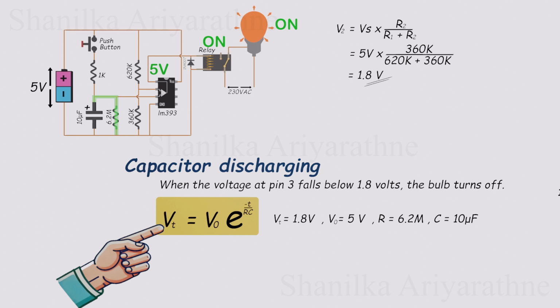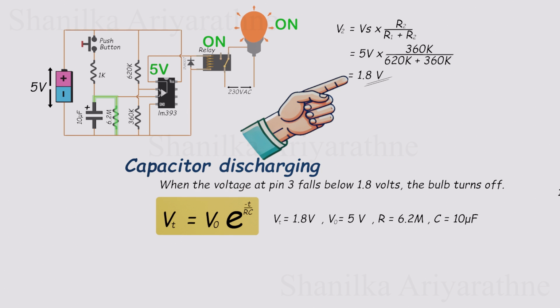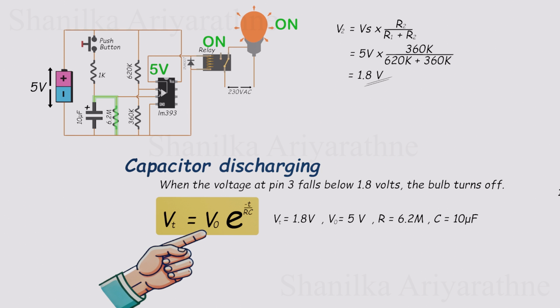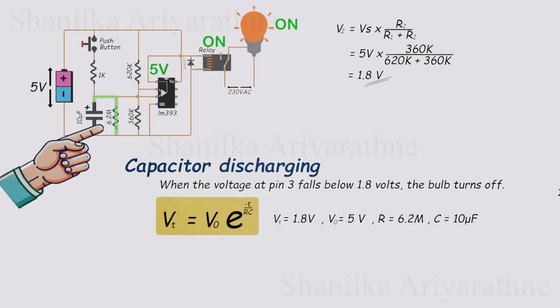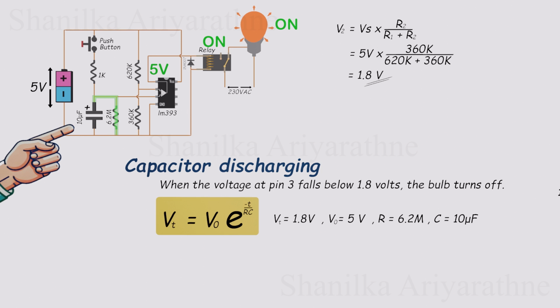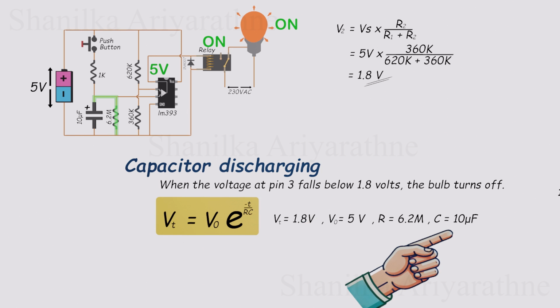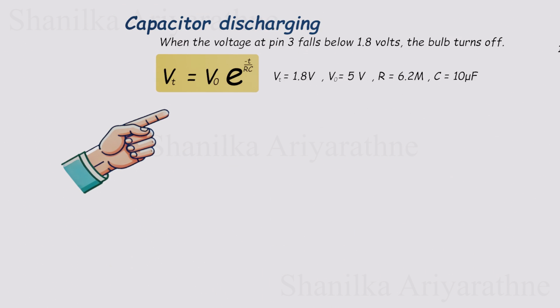Here, Vt is the voltage we want the capacitor to discharge down to. That's 1.8 volts. V0 is the initial voltage, which is 5 volts. The resistance R is 6.2 megohm, and the capacitance C is 10 microfarads. All right, let's do the math. First, substitute all the known values into the capacitor discharge equation.